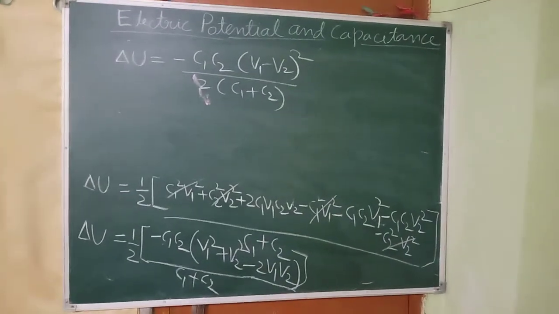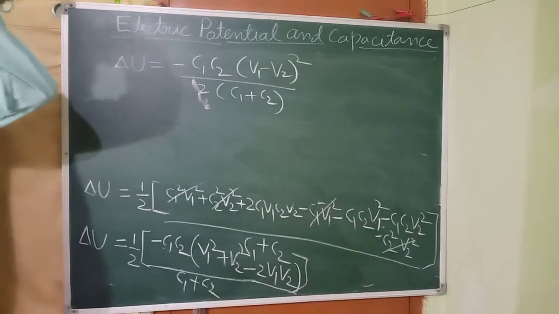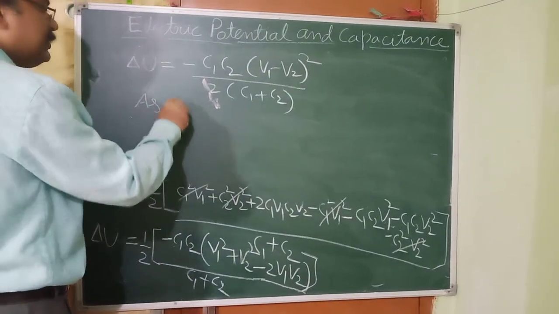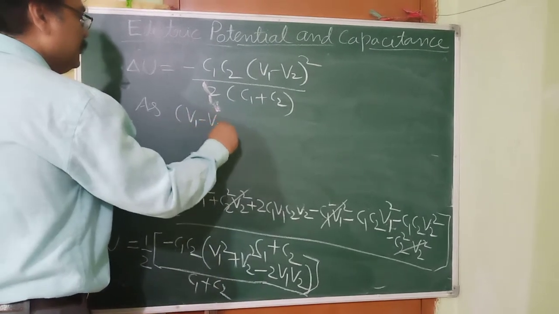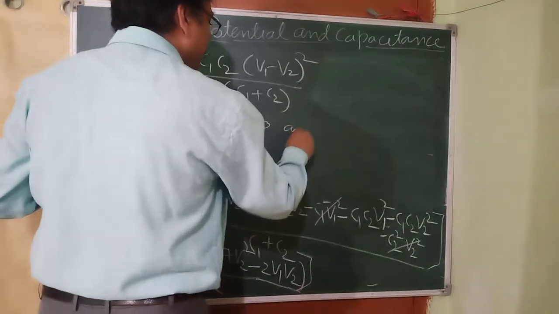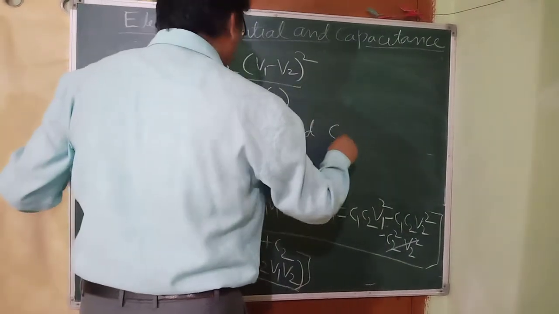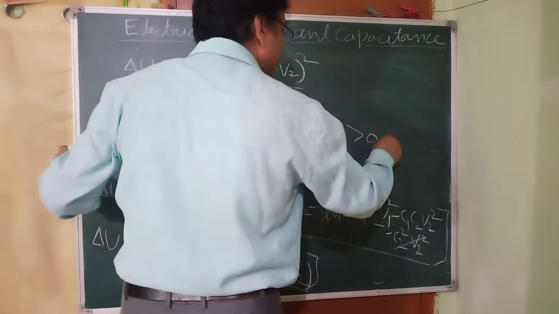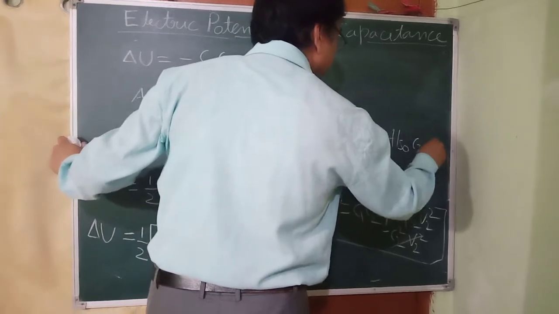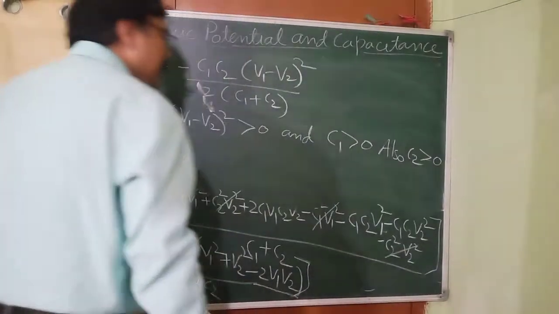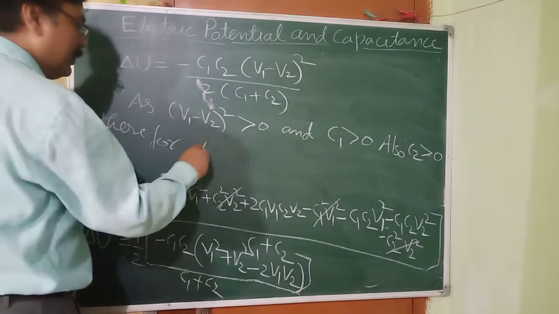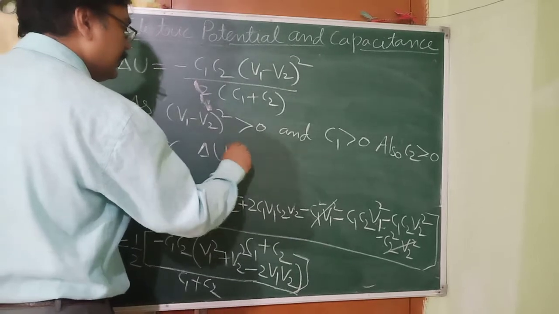Okay. Now, have you heard that capacitance is ever negative? No. So what we can write is, as V1 minus V2 whole square is greater than 0, and C1 is greater than 0, also C2 is greater than 0, therefore delta U is negative.